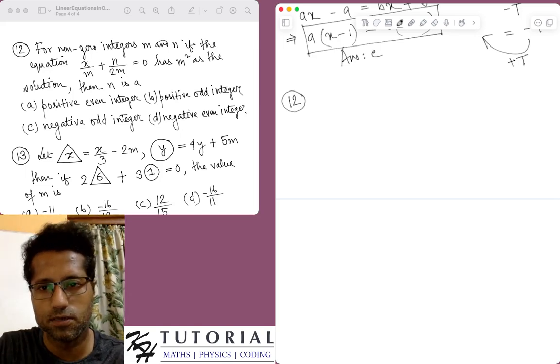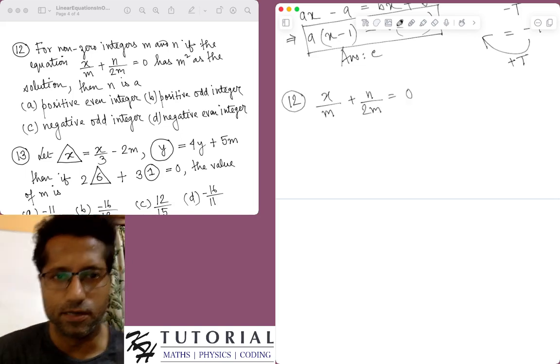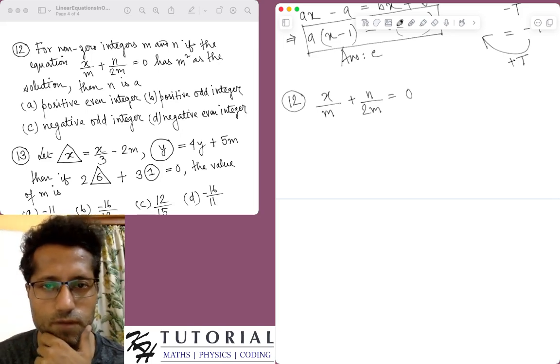Okay, so let's see what equation is given. x by m plus n by twice m equals 0. And it is saying that m square is the solution of this equation.